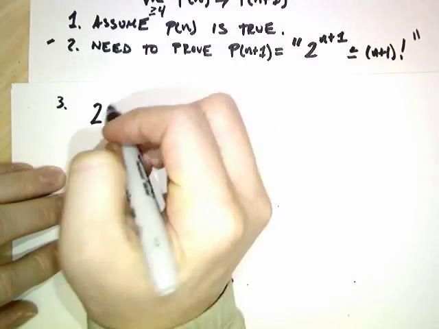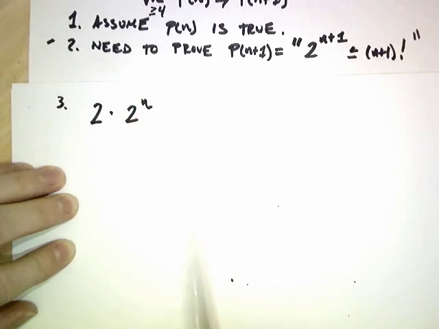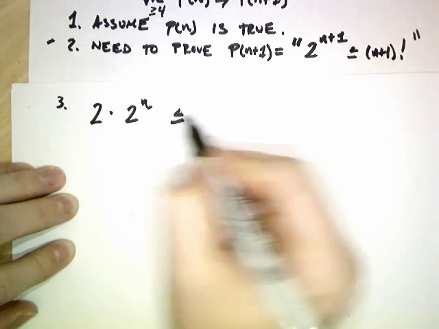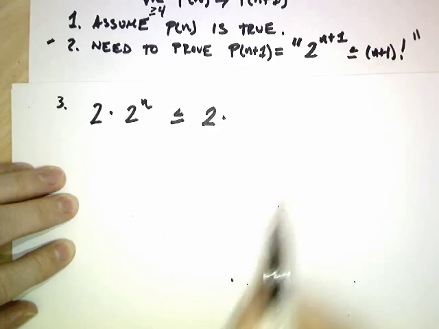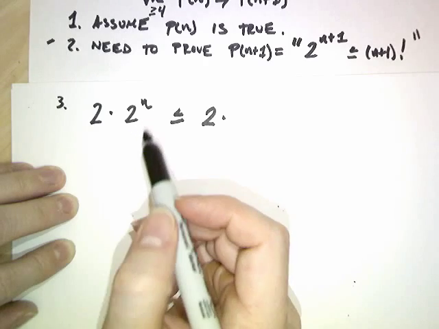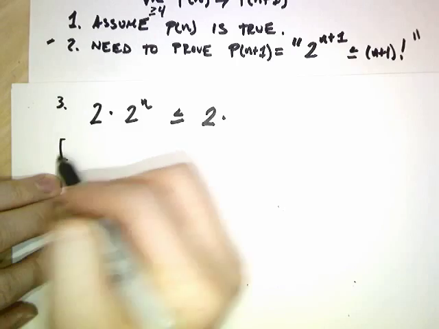Well, let's rewrite 2 to the n plus 1 as 2 times 2 to the n. Okay, so this is going to be less than or equal to 2 times, and now we're going to apply the inductive hypothesis. We're going to apply the fact that P of n is true. What does P of n say? This is a side note.